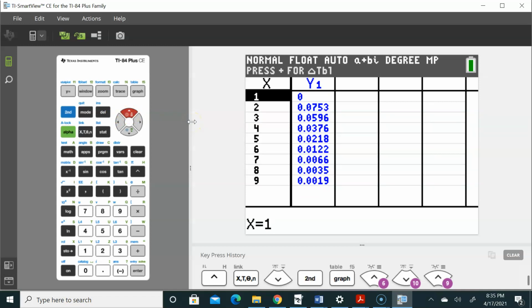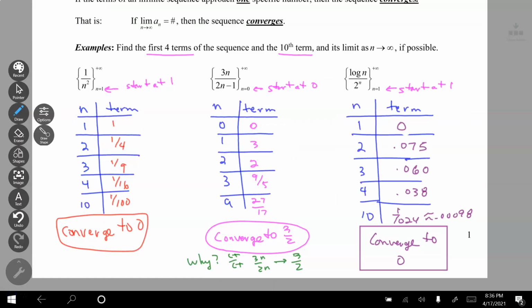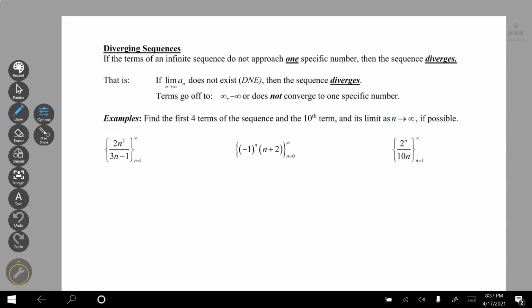There's 1, and I'm thinking that these decimals are getting smaller and smaller all the time, and it is converging to 0, and it is. And there's the table completing it all, and the decimal is getting smaller, so it is converging to 0.